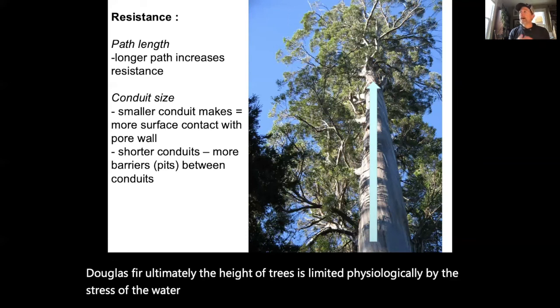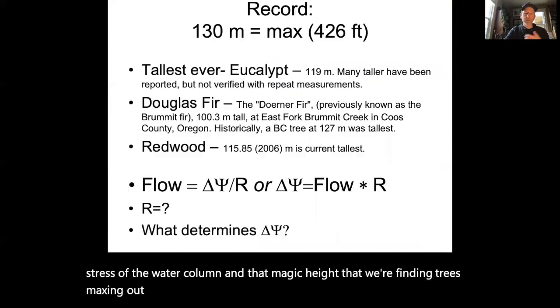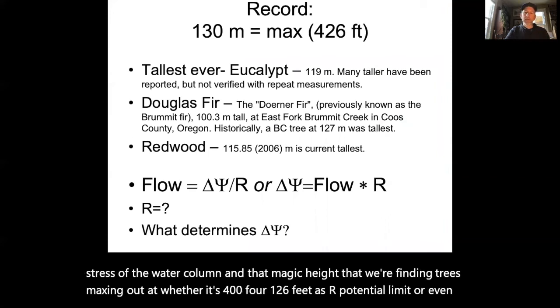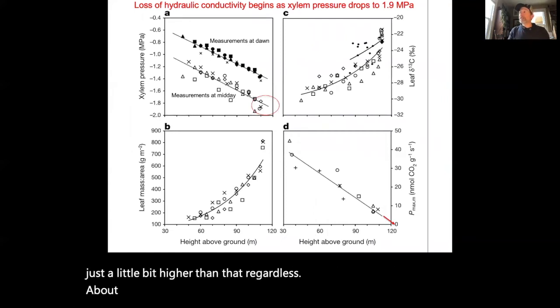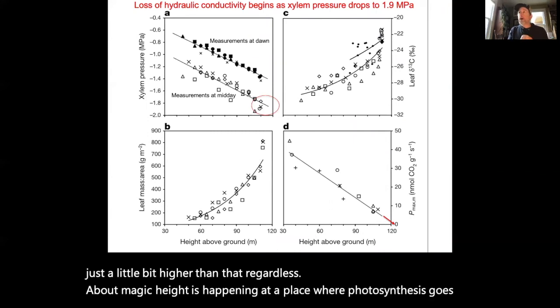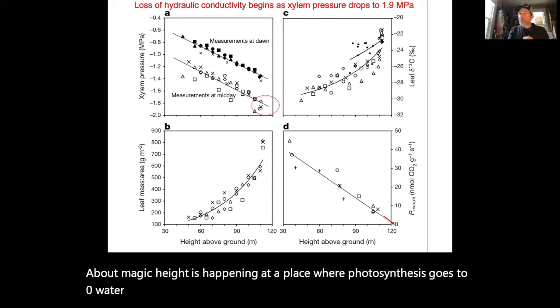And that magic height that we're finding trees maxing out at, whether it's 426 feet as our potential limit, or even just a little bit higher than that, regardless, that magic height is happening at a place where photosynthesis goes to zero, water stress is at its lowest possible, and leaf mass has hit a physiological adaptive limit.